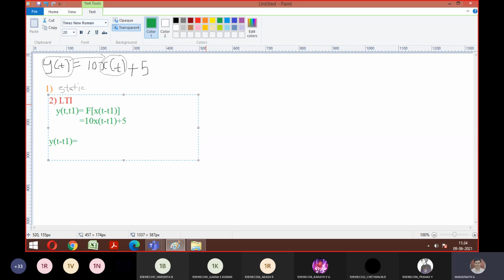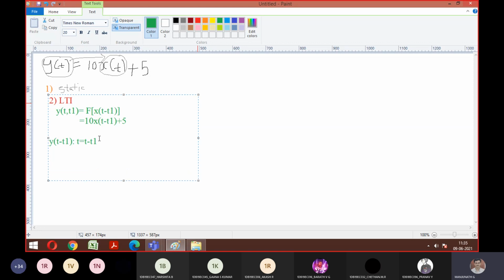So look at the question carefully. Wherever t is there, I need to replace it with t minus t1. So what will happen now? You need to make a comment there. So delay version, like this. You replace t with t minus t1, because I have taken t1 as the delay version.